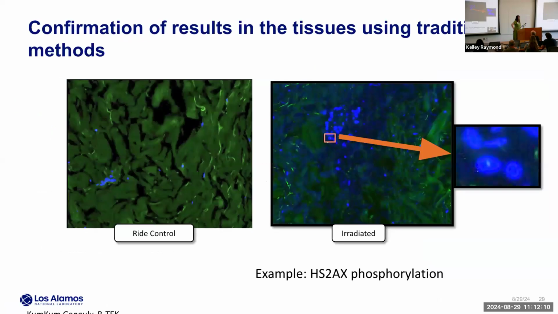And we also confirmed our results using traditional methods. H2AX phosphorylation, for example, is a very classic sign of radiation exposure. And we wanted to see how low of a dose we could use on our systems and still see these responses.